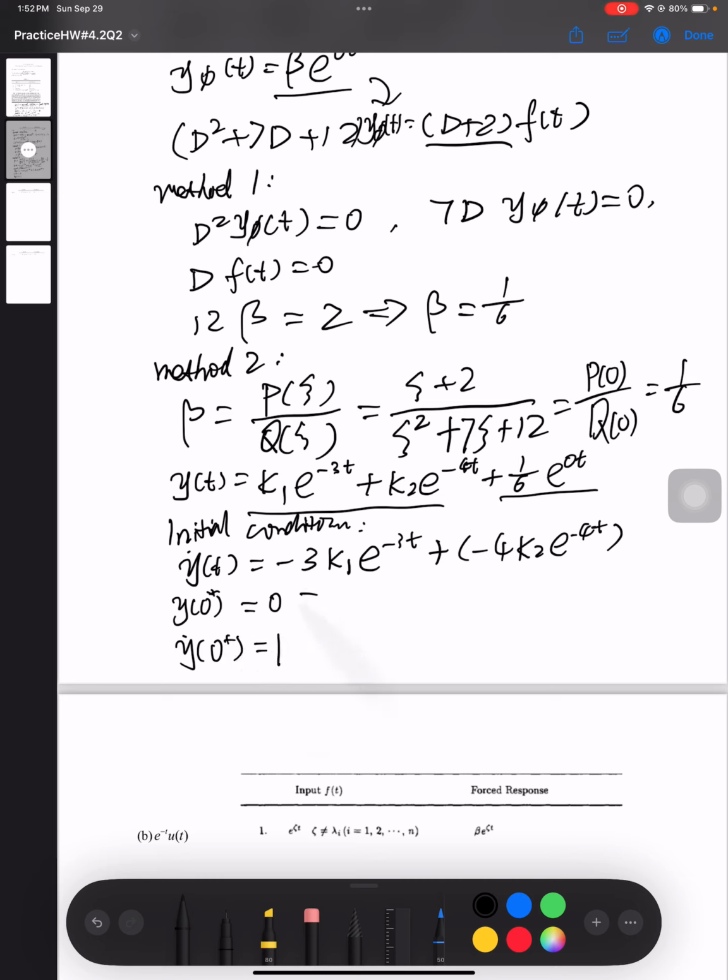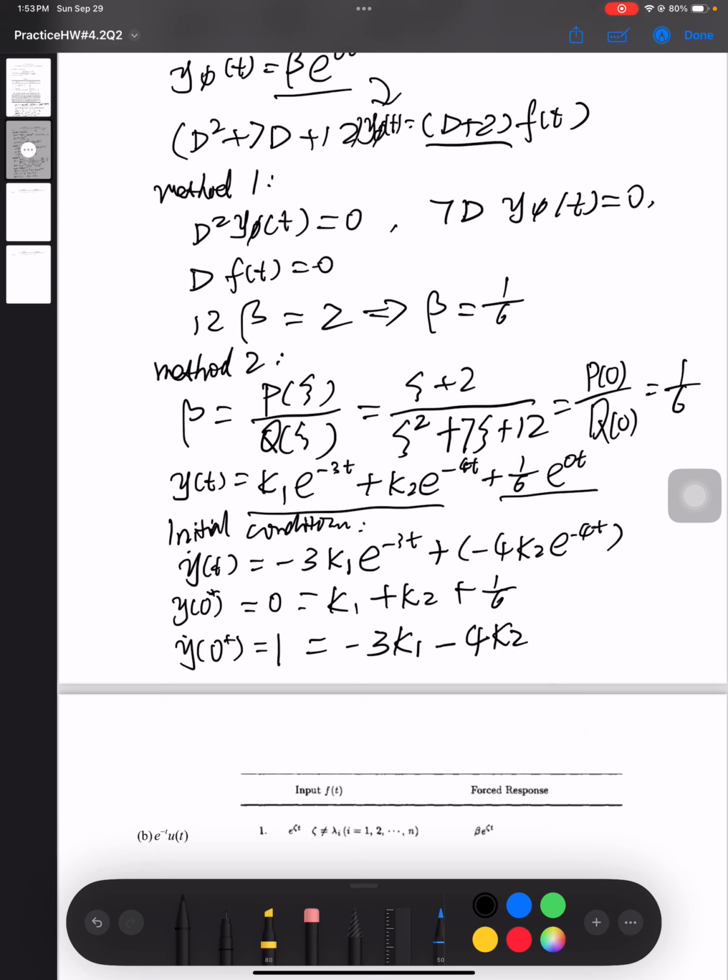So from this one we get k1 plus k2 plus 1/6 equals 0, and from this one, minus 3 k1 minus 4 k2 equals 1.